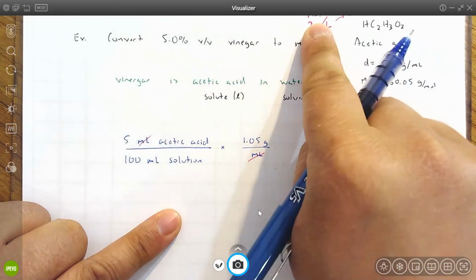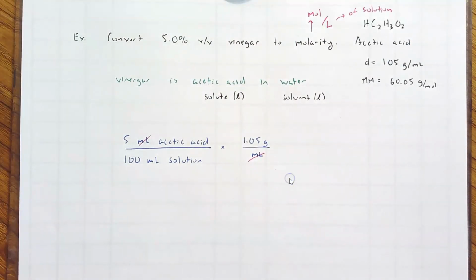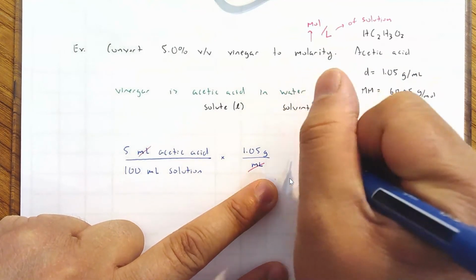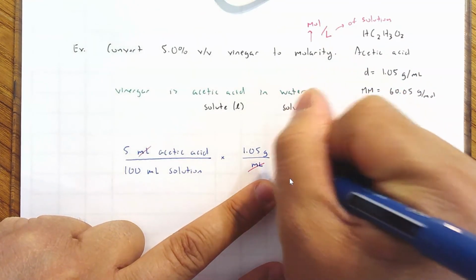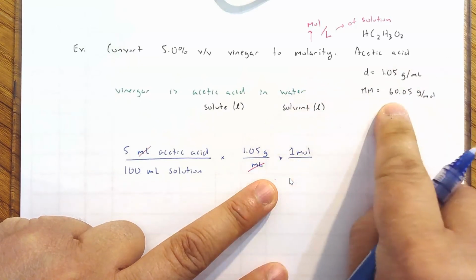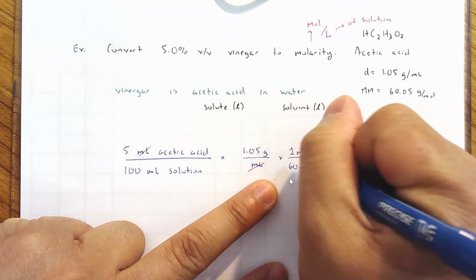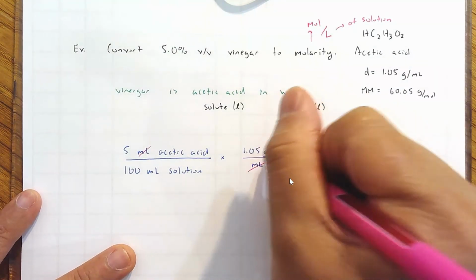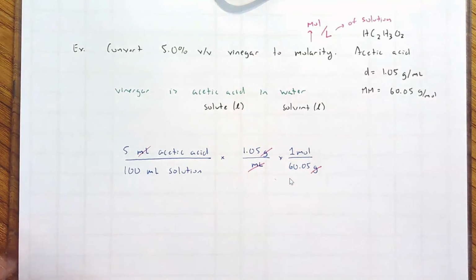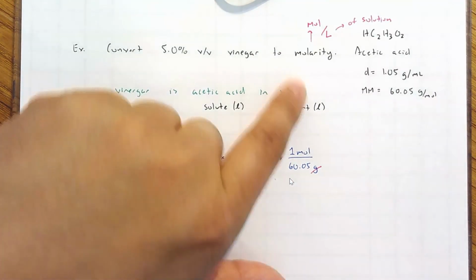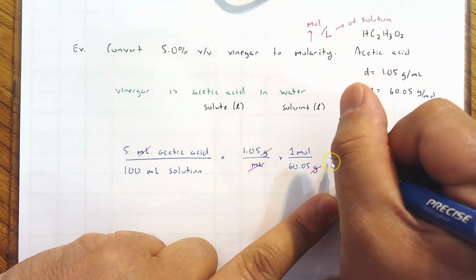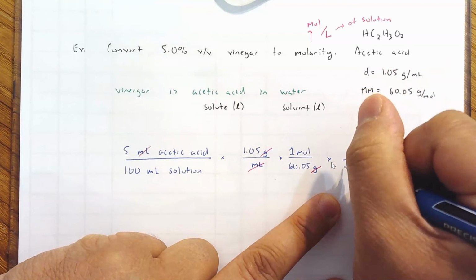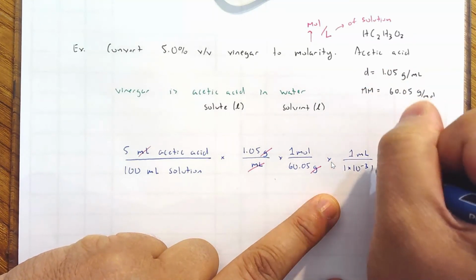But I need moles. So we take the inverse. We have 1 mole of acetic acid for every 60.05 grams. And are we done? Not yet. We get rid of the grams. We have milliliters, but molarity is liters. Therefore, we multiply 1 milliliter is to 1 times 10 to the minus 3 liters.